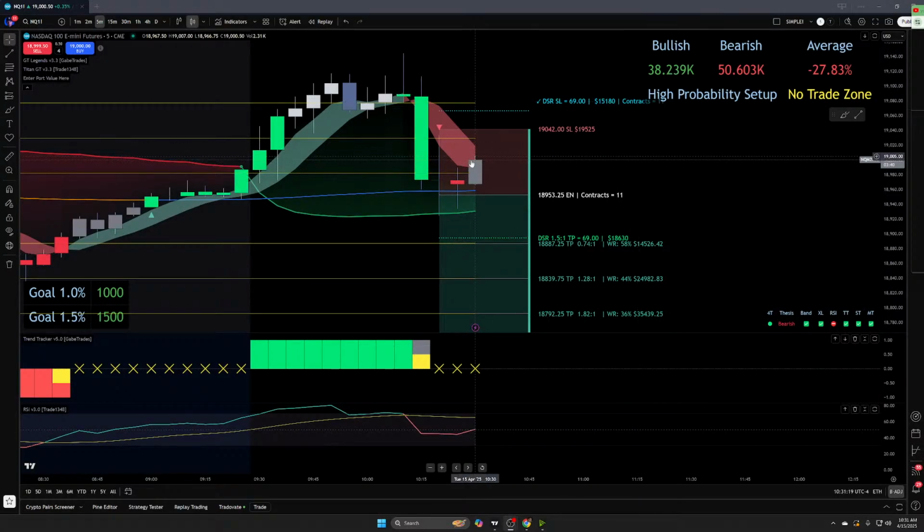And how do we articulate, hey, you know the rules, you dumbass, don't take this trade. I mean, how many people would have taken this trade? Let's be honest. But you got the system here saying no trade zone. This is no trade zone.